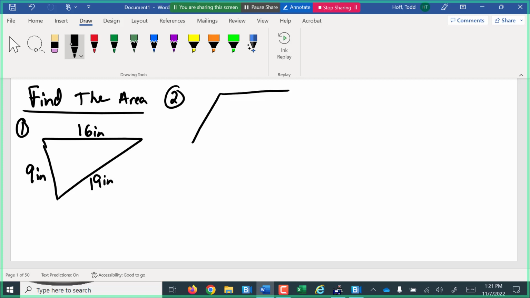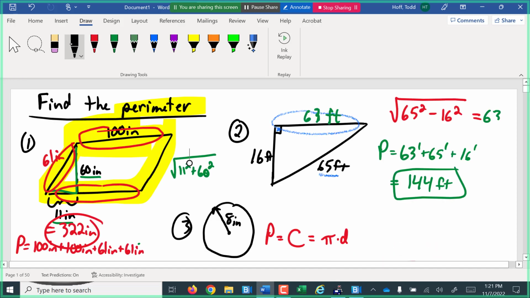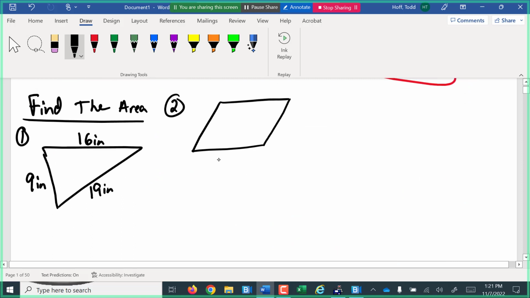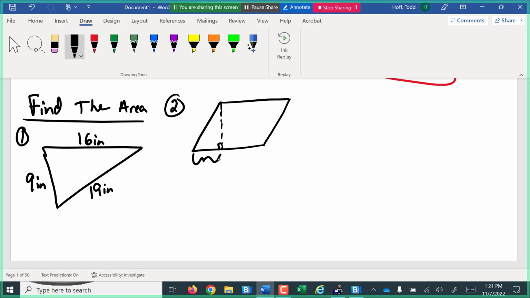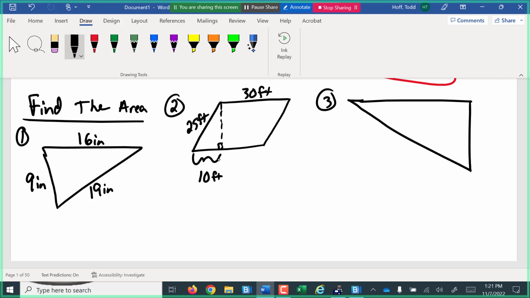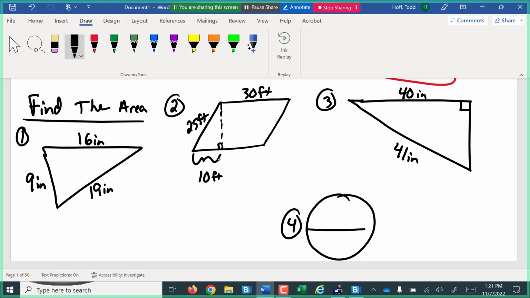Number 2, and number 3, we'll work on those 4. We'll go over those in just a couple minutes.